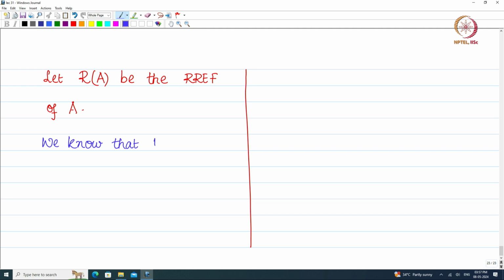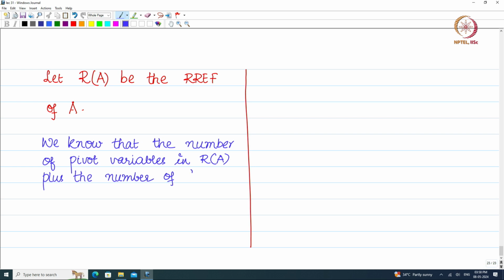So we know that the number of pivot variables in R of A, plus the number of free variables in the RREF of A, is equal to the number of columns in A. You cannot go beyond the number of columns; you will have some columns with pivot elements and some columns with free variables.